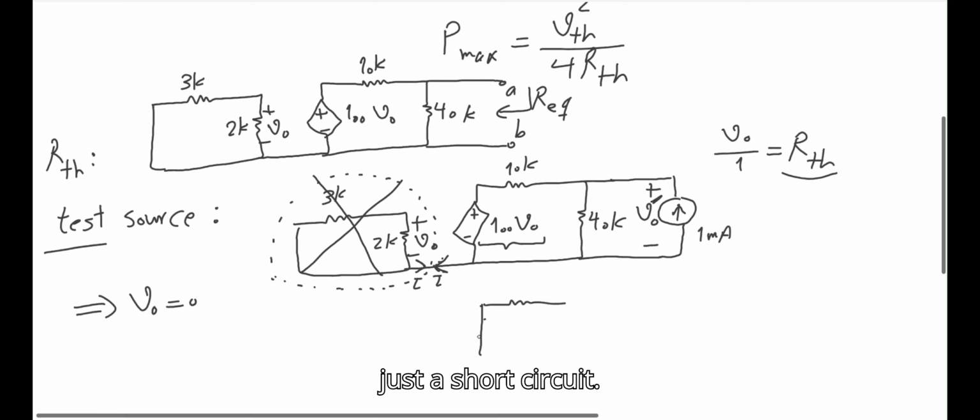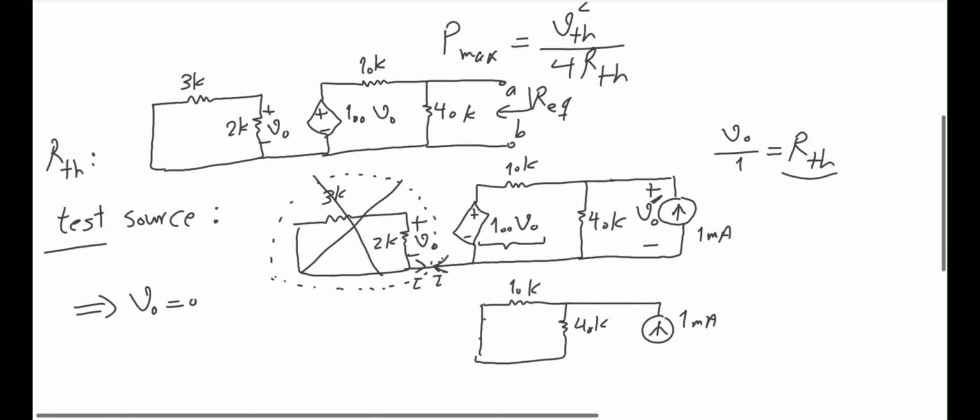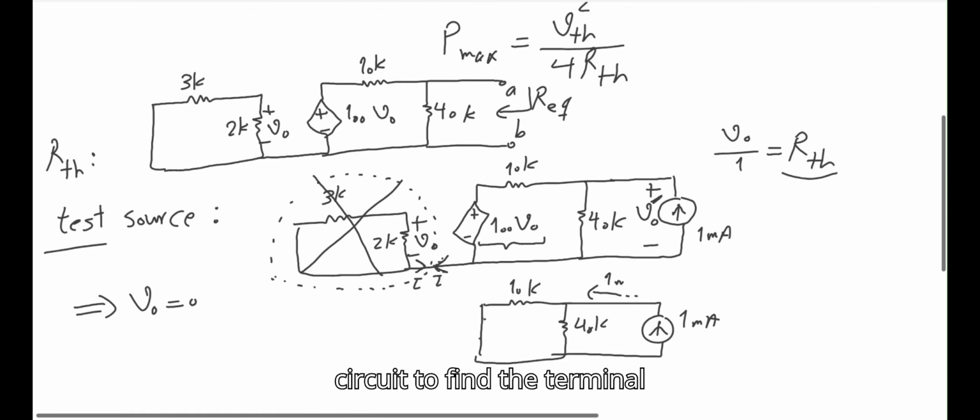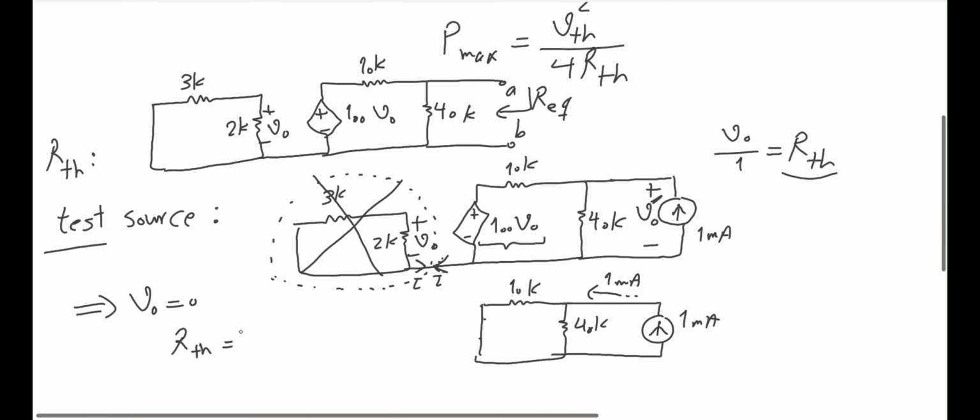It's just a short circuit. So I have 10K in parallel with 40K, and then this 1 milliamp, which is injected to my circuit to find the Thevenin resistor. The Thevenin resistor is 40K in parallel with 10K.